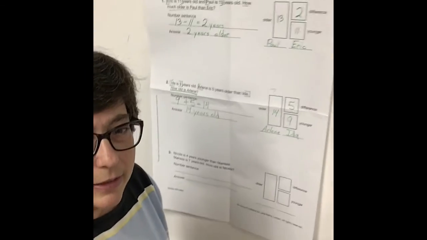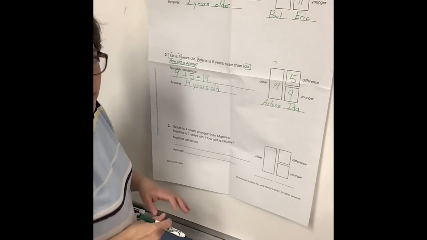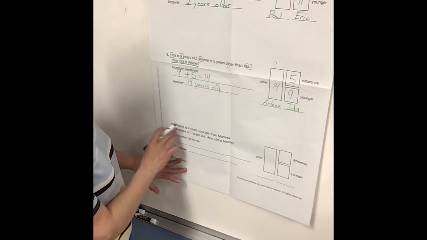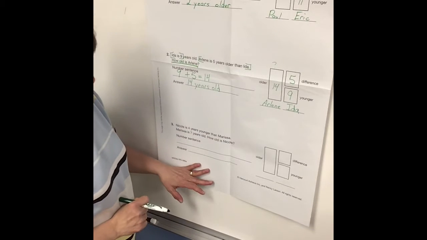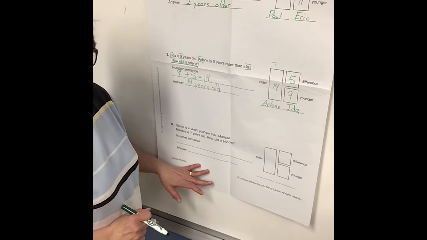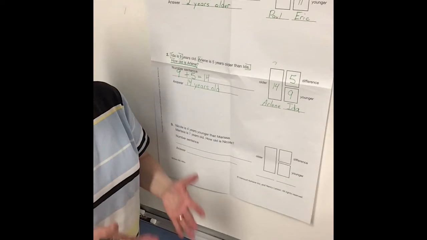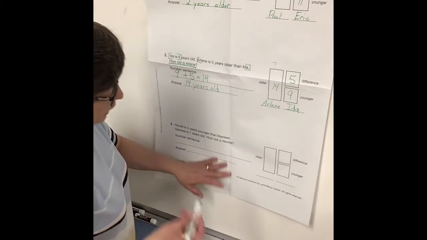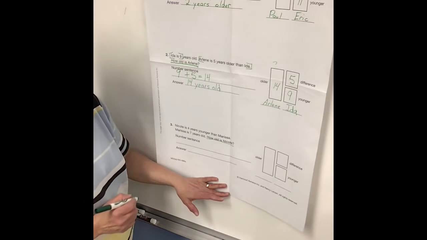All right, and then the last one here says Nicole is 4 years younger than Marissa. Marissa is 7 years old. How old is Nicole? Okay, first thing we need to do is underline in brackets. So what are we trying to find out? How old is Nicole, right?